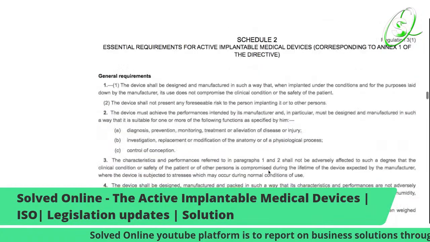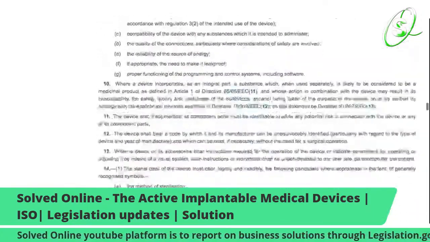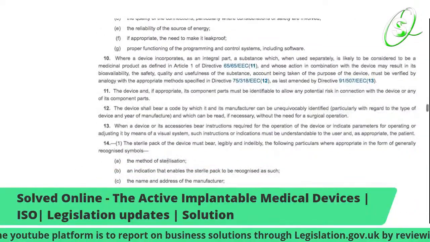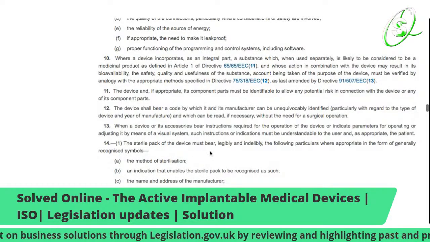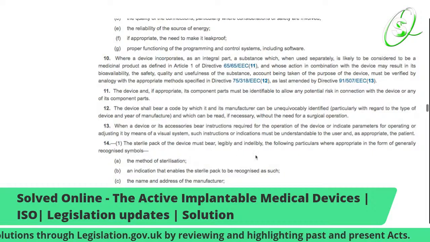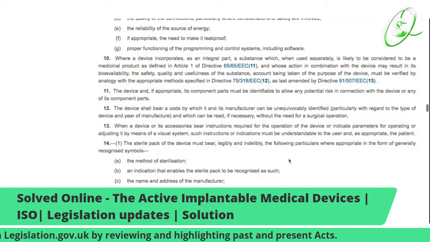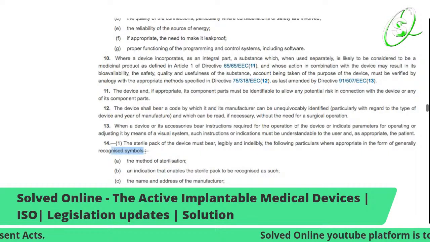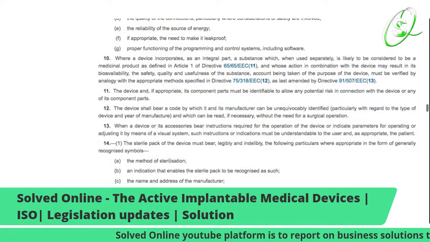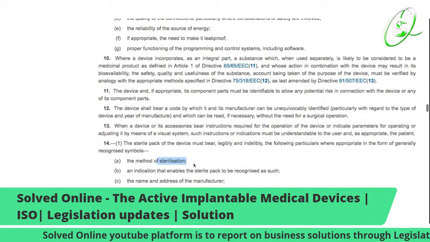So we're gonna go down again to number 14, and it shows you the sterile package of the device must be legible and indicate the following particulars where appropriate, in the form of generally recognized symbols. So they have to have recognized symbols, and it shows you the method of sterilization.